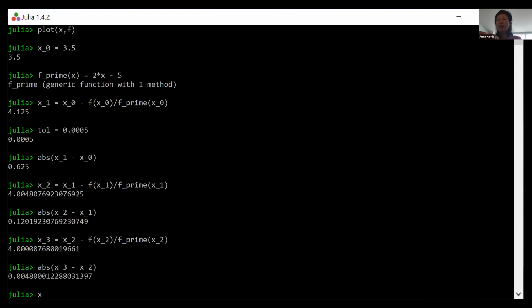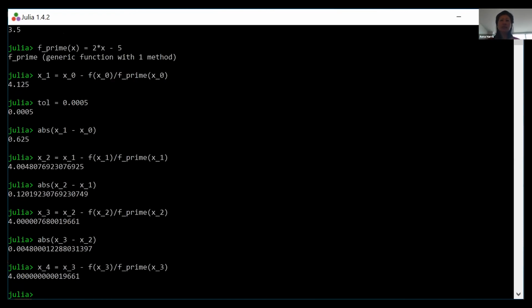So I'm going to do the next iteration, x4, which is going to be x3 minus f of x3 divided by f prime of x3. I know for sure this is good enough.